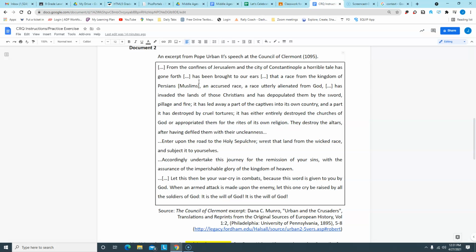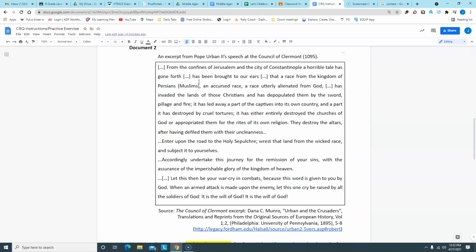It has led away a part of the captives into its own country, and a part it has destroyed by cruel tortures. It has either entirely destroyed the churches of God or appropriated them for the rites of its own religion. They destroy the altars after having defiled them with their uncleanness.